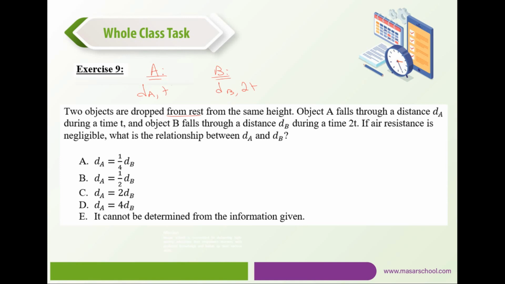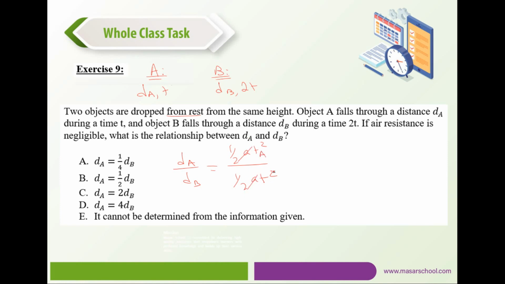The best way to do it is to calculate the ratio dA over dB. Why is dA in the numerator? Because we want to express dA in terms of dB. Now, the distance, as we know, is given by half at square and half at square. Let's put now the labels. Now here, since the two objects are dropped from rest from the same height, we assume that the acceleration is the same under the influence of gravity.